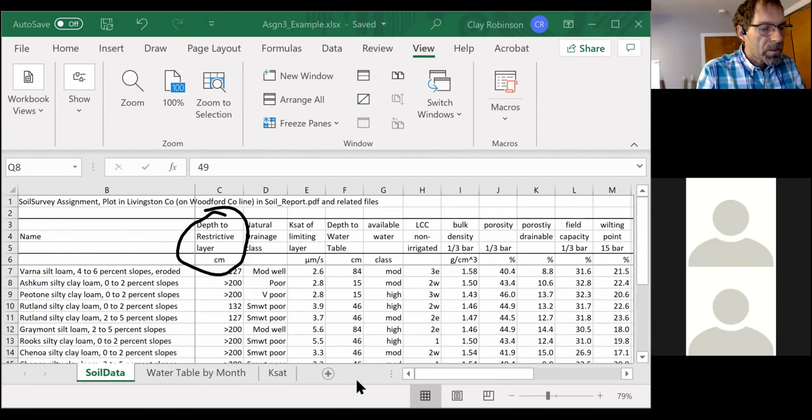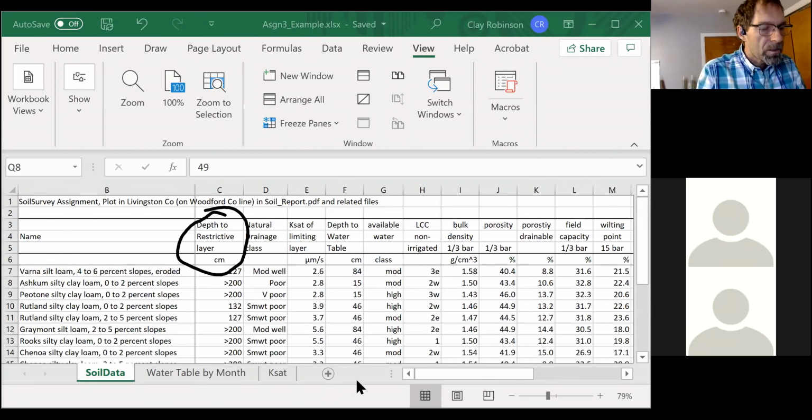So that's going to be about 4 feet-ish. 100 centimeters is about 40 inches, and 27 centimeters is about 10 inches. So 50 inches. So again, a little bit more than 4 feet, or about 4 feet.